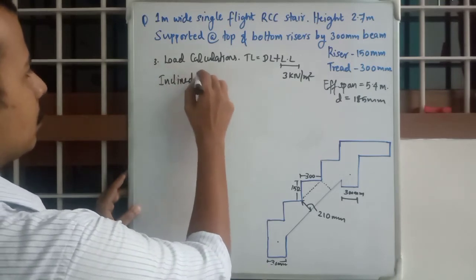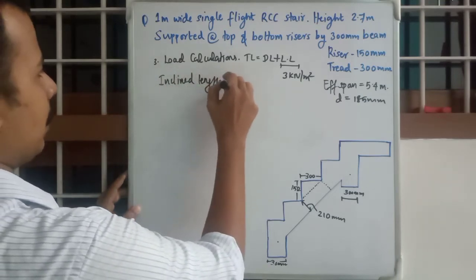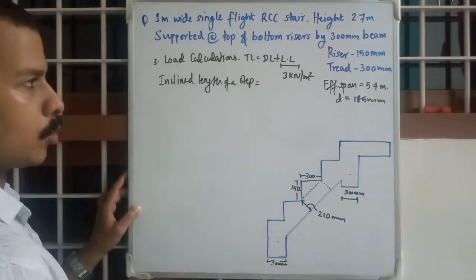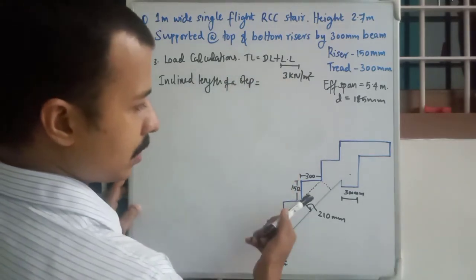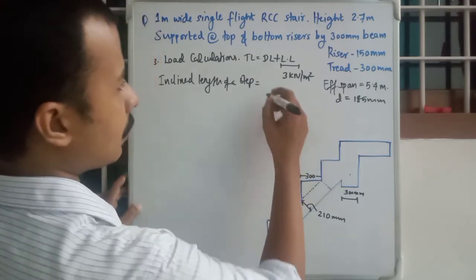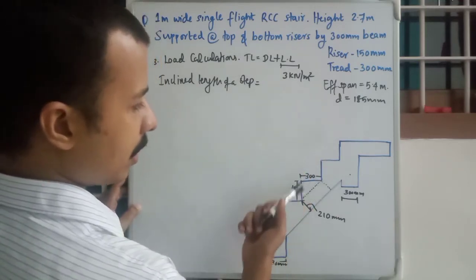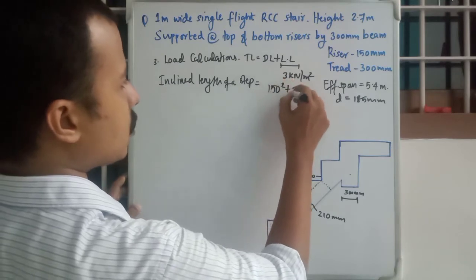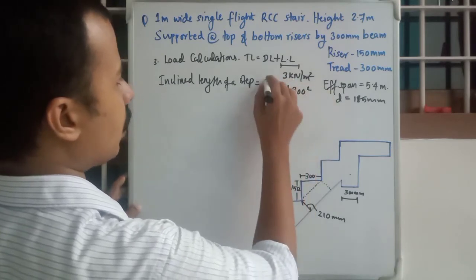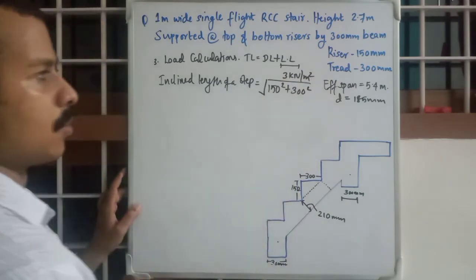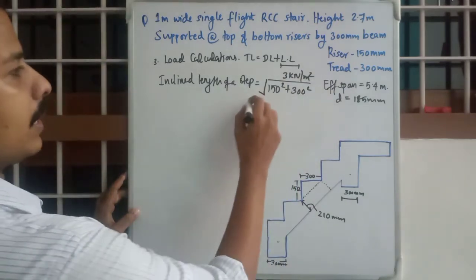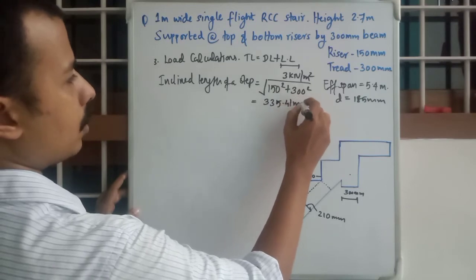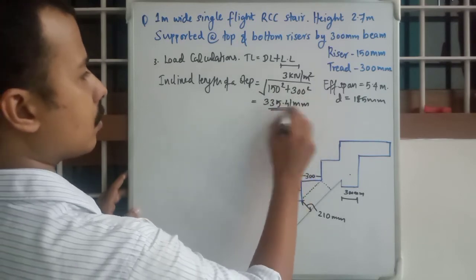Inclined length of a step is equal to, what is the length? How can you calculate? This is 300 and this is 150. Square root of 150 square plus 300 square, Pythagoras theorem. Okay, you will get 335.41 millimeters.